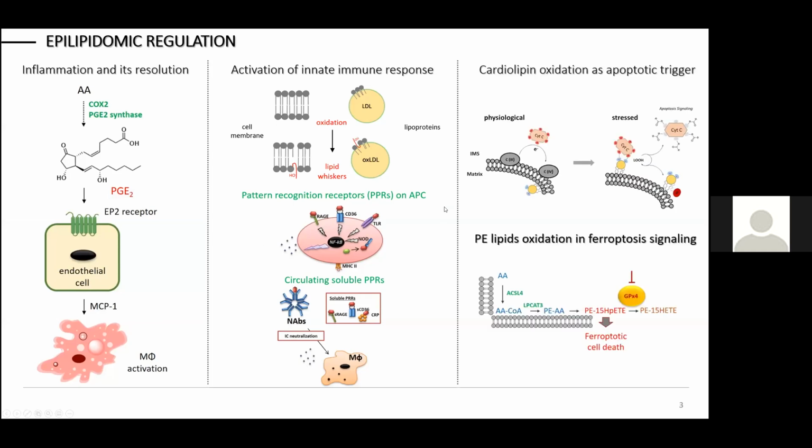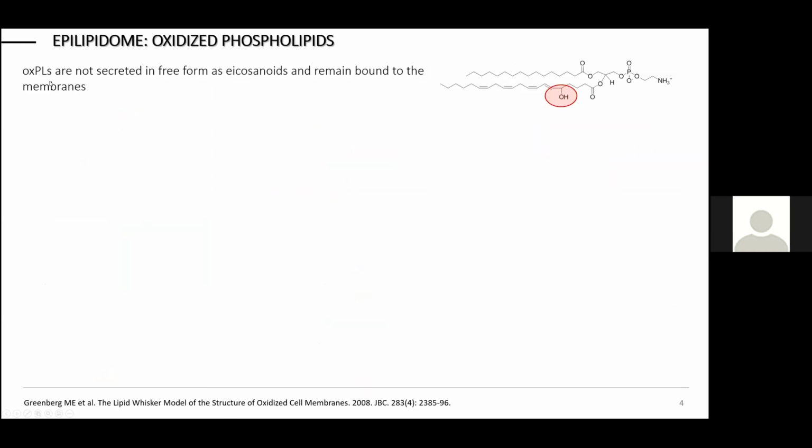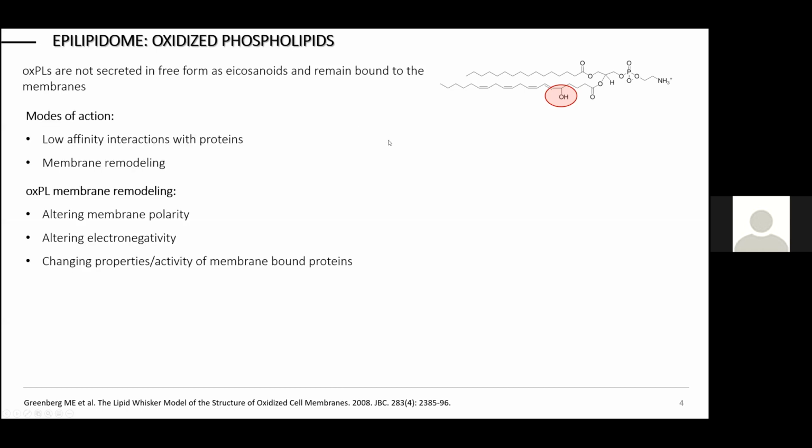There are some data coming up about the role of oxidized lipids in different cell death events, in apoptosis, but also now it's a very popular field of research, the oxidized lipids in ferroptotic cell death. These oxidized lipids are not secreted in a free form as eicosanoids, so they remain bound to the membrane and then facilitate the activities in this way.